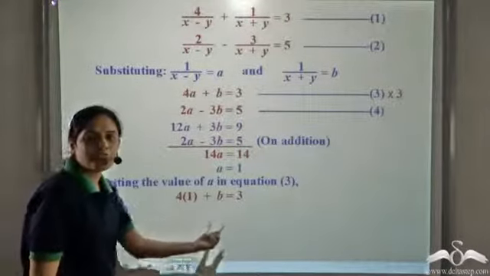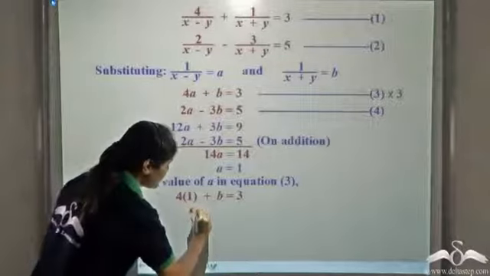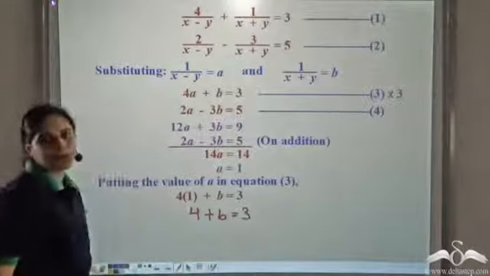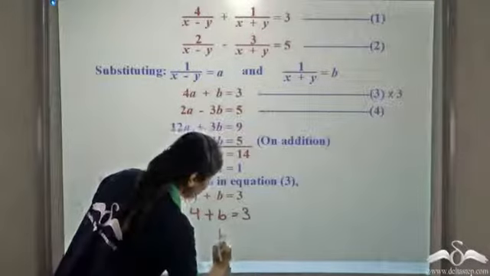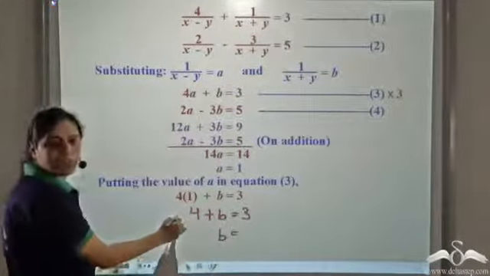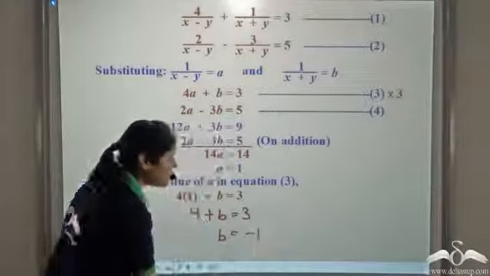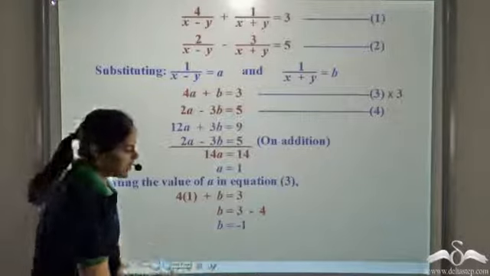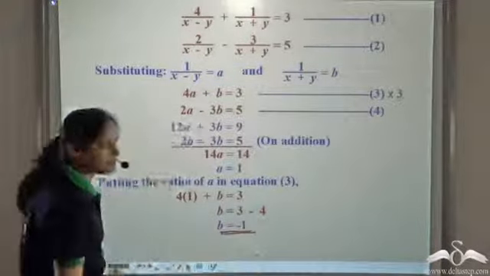This gives 4 plus b is equal to 3, or b is equal to 3 minus 4, that is b is equal to negative 1. So we get b equal to negative 1.